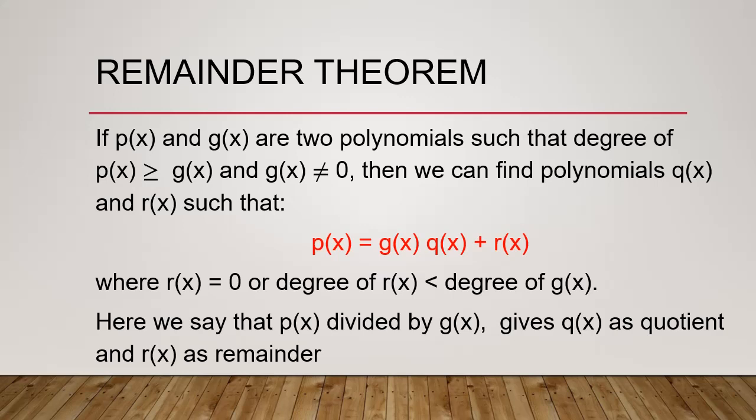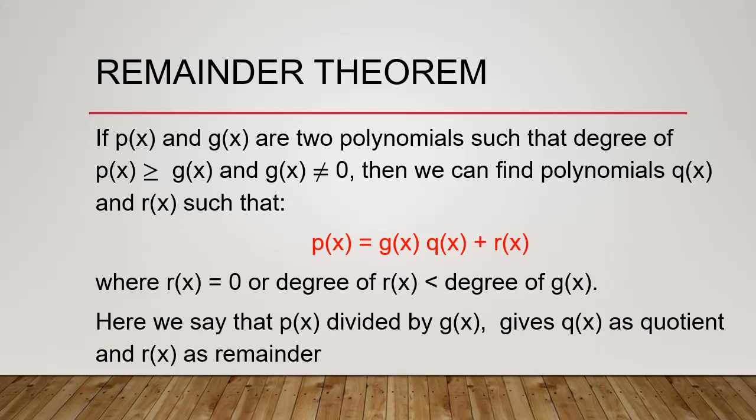But remainder theorem in terms of polynomials is: if p of x and g of x are two polynomials such that degree of p of x is greater than or equal to degree of g of x, and g of x is not equal to 0, then we can find polynomials q of x and r of x such that p of x equals g of x into q of x plus r of x, where p of x is dividend in x, g of x is divisor in x, q of x is quotient in x, and r of x is remainder in x, where r of x is equal to 0 or degree of r of x is less than degree of g of x.